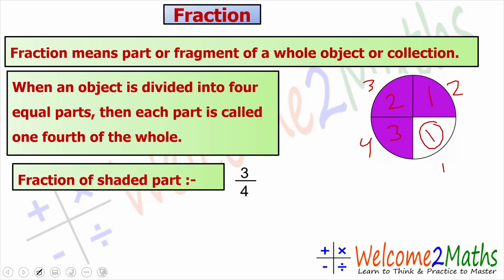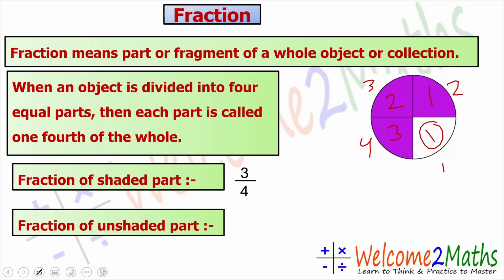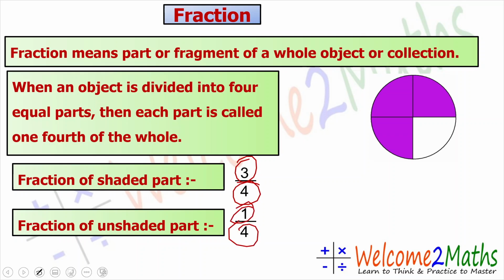Now we have one unshaded part. What is the fraction of this unshaded part? It is 1/4, because out of 4 parts, 1 part is unshaded. Here 3 is called the numerator and 4 is called the denominator, and here 1 is called the numerator and 4 is called the denominator.